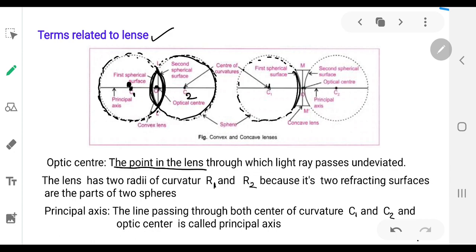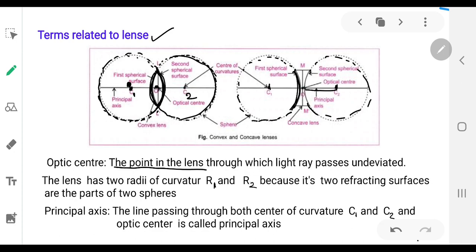It is called the center of curvature of the first refracting surface. Similarly, this is the center of curvature of the second refracting surface.